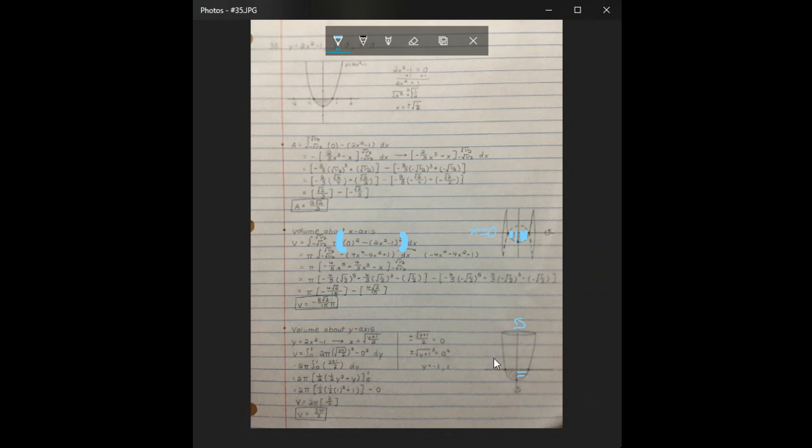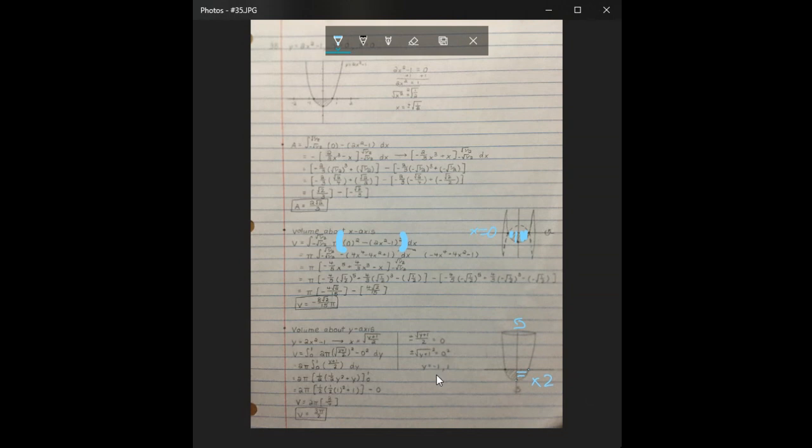Oh, because I used the values from 0 to 1 instead of -1 to 1. So if we're just using half a part of the volume, we had to multiply by 2 to get the full volume.